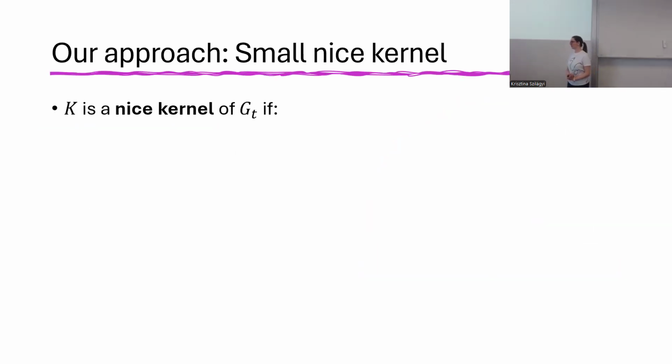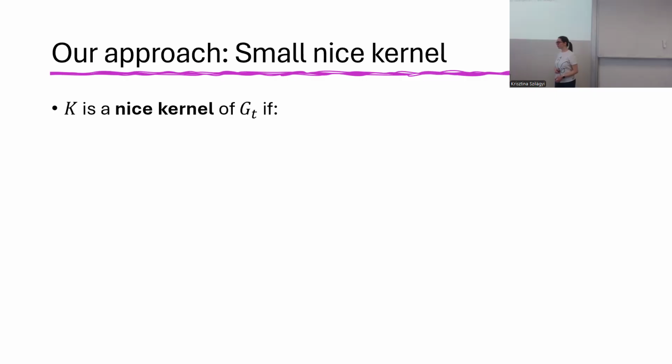So okay, finally, after solving these problems, we get to the definition of a small nice kernel. So K is a small nice kernel of G_T, which is this partial graph that we constructed so far that corresponds to a node in the SPR-tree.